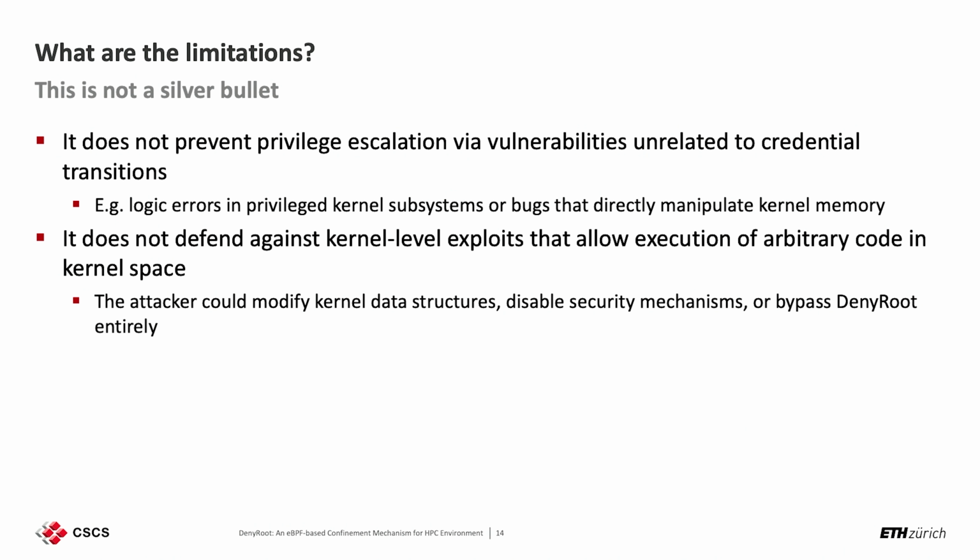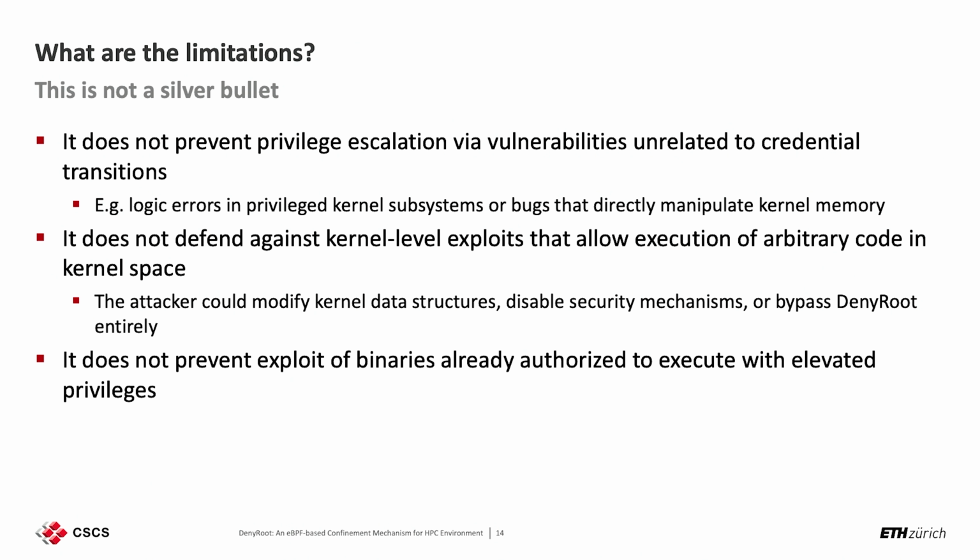So if I can manipulate the kernel in another way, I won't be able to block it. Those cases are basically arbitrary code execution. If I have, like the Dirty COW issue we had a few years ago, I can basically change the memory in the kernel, so then I wouldn't be able to block it. But it also doesn't block if an application has already been allowed to.